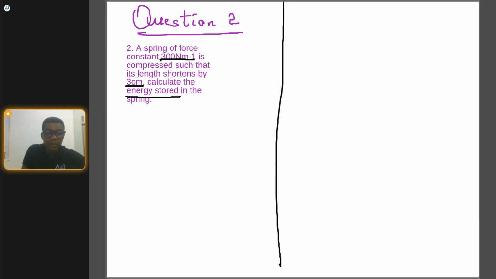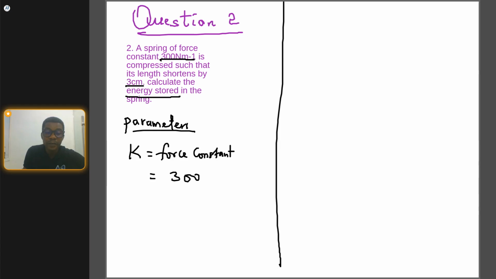So we have parameters in the questions. We have K, which is also the force constant, equal to 300 Newton per meter, and we are also given the extension, letter E, to be 3 centimeter.